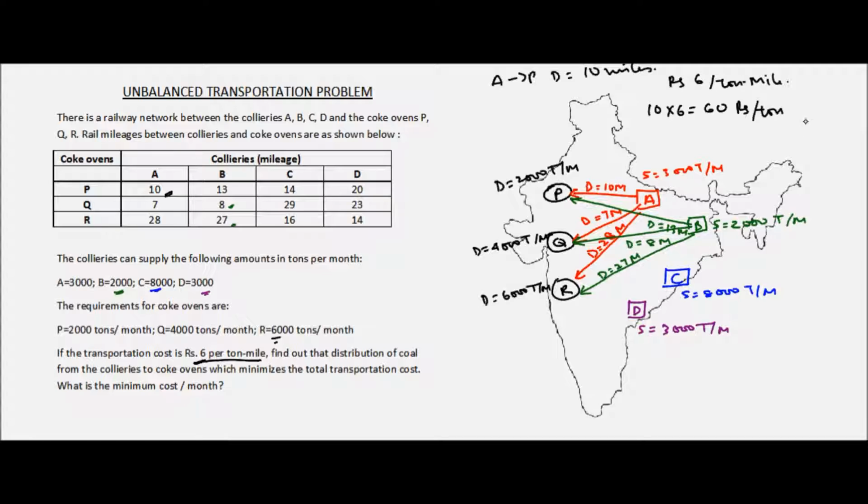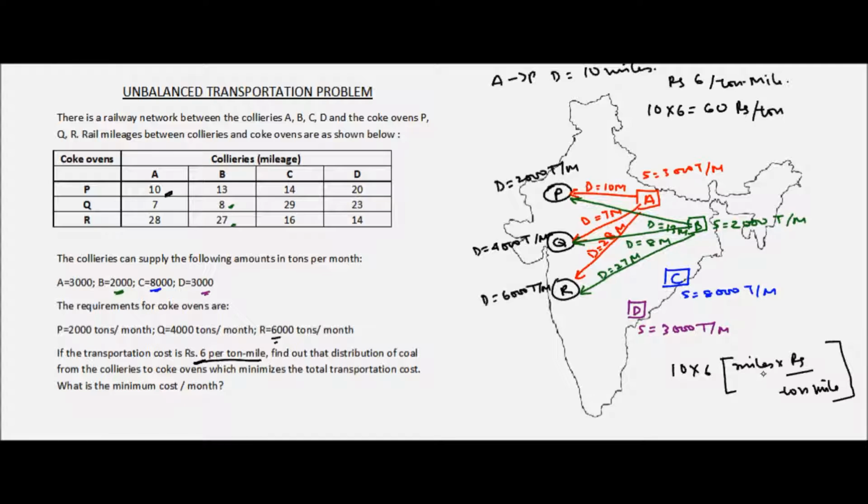Let's understand a little bit more about the unit of measure, how it came to 60 rupees per ton. So the distance is 10 miles and the transportation cost is rupees 6 per ton mile. So when we multiply these two, we get 10 multiplied by 6 and then we get the unit of measure. So unit of measure will also get multiplied. So miles multiplied by rupees per ton mile.